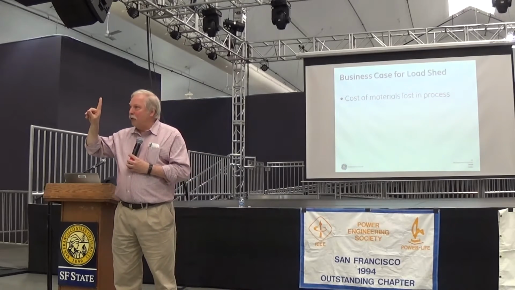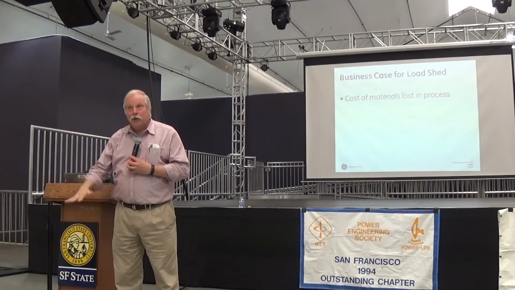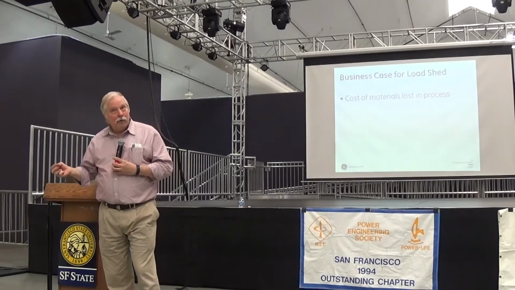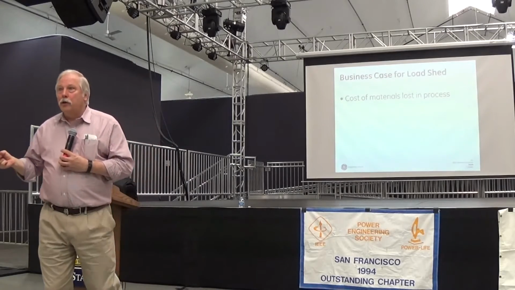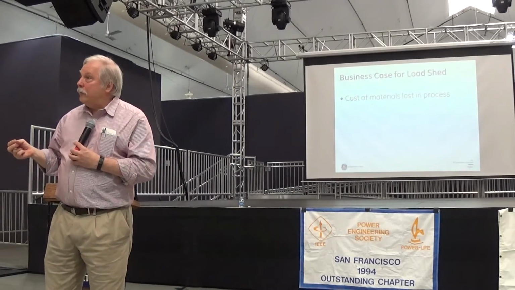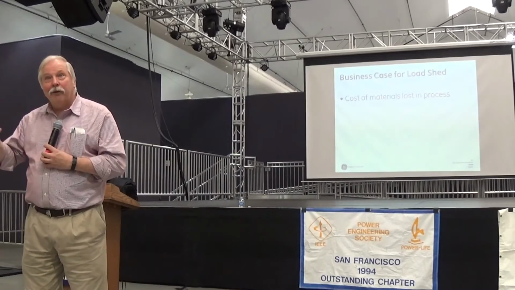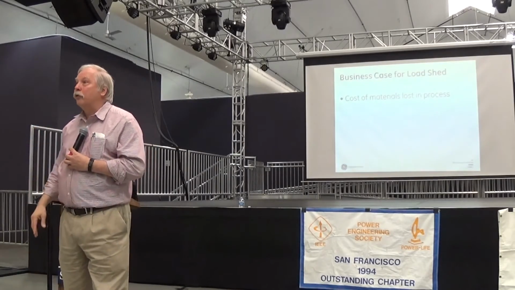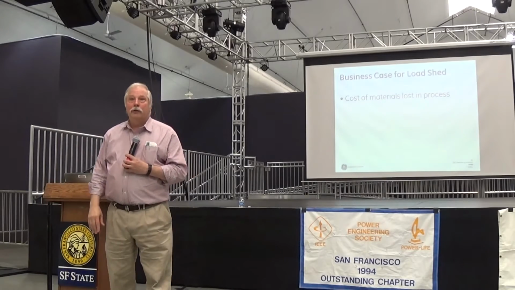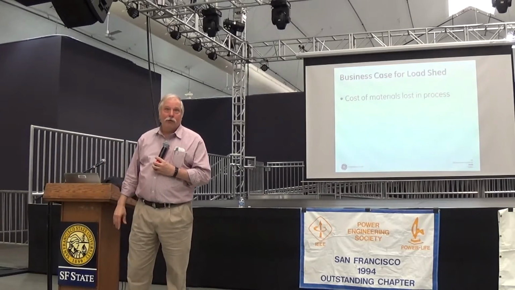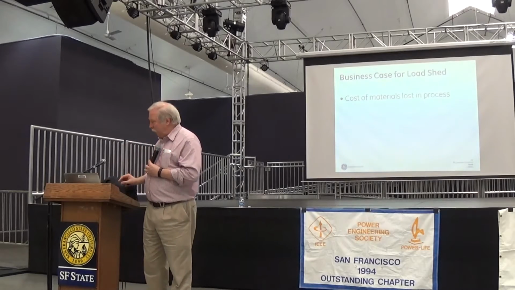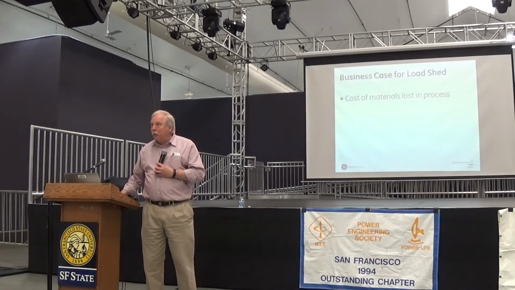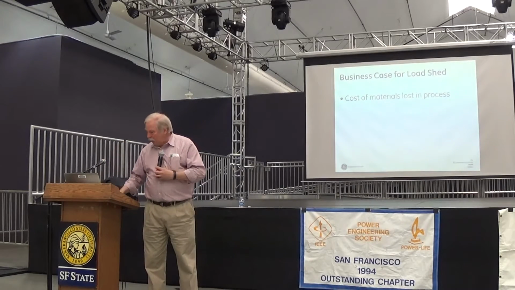And lo and behold, 1 generator, no utility, the entire plant crashes. The cost of that crash is horrendous. A lot of these plants have steam heated processes, and when you quickly cool down that steam, you get cracks in all of their boiler tubes. Very, very costly to repair, and weeks of downtime in repairing those failures. So it's very logical to implement load shed on this localized basis.